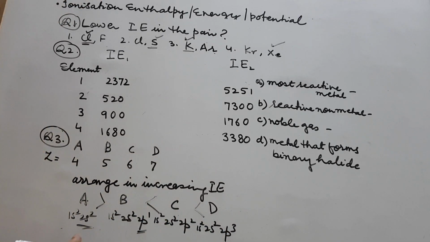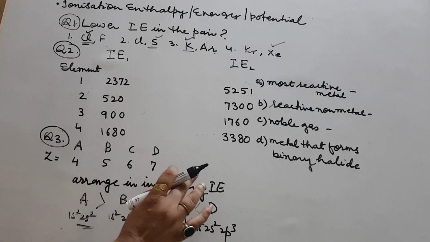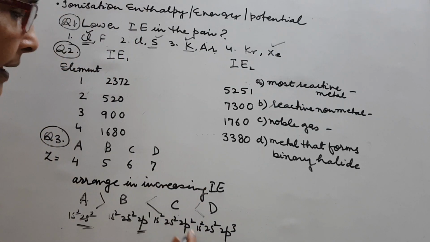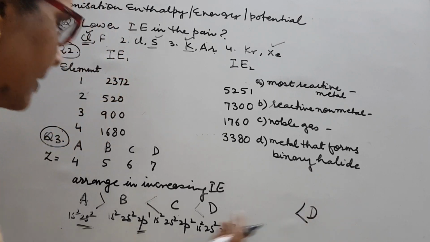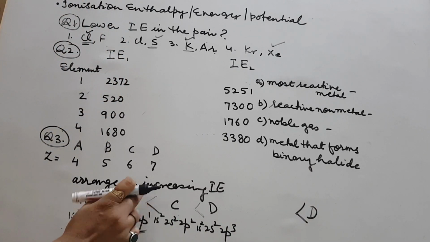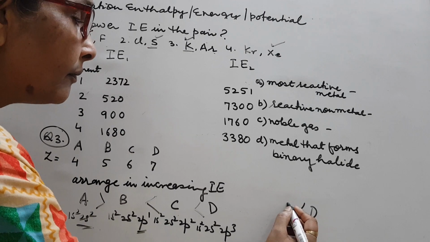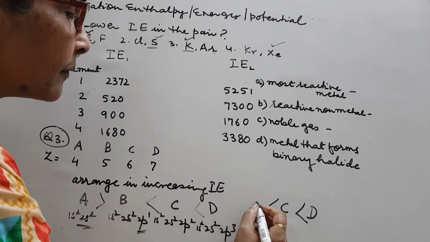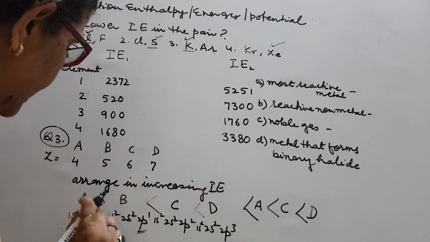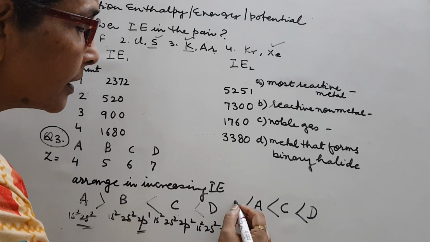So if they ask you to arrange them in the increasing order, we can see D will have the highest. After D, we should have C. After C, we should have A, and then it should be B, right?